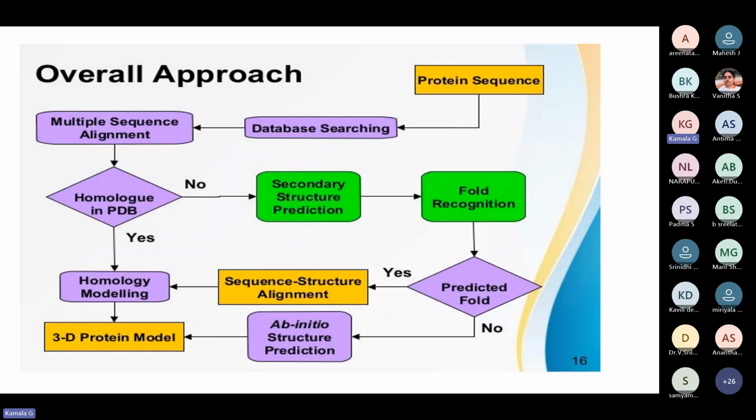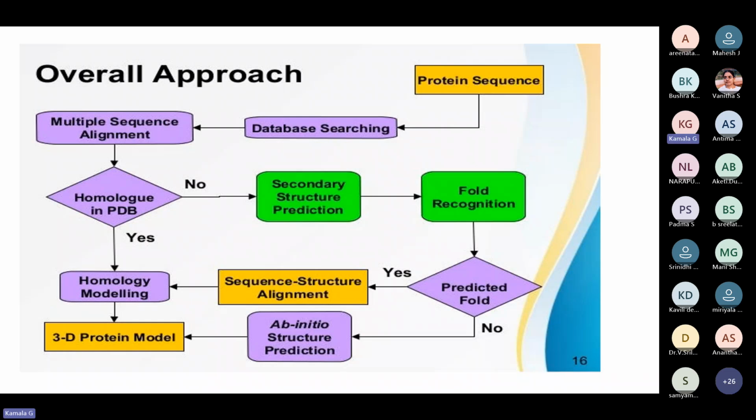Once the protein sequence is obtained from different databases, we do a suitable sequence search with BLAST. The similar sequences are aligned with the multiple sequence alignment tool.